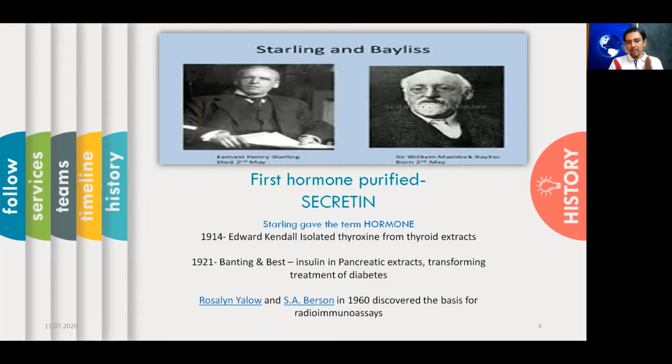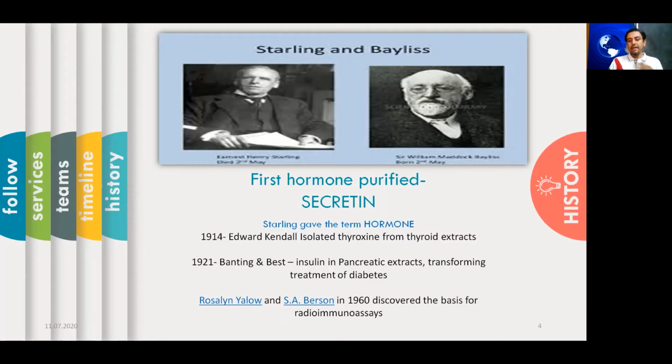So the first hormone to be purified is secretin, and Starling was the first who gave the term hormone in 1905. The first hormone, secretin, was purified in 1902, and after 3 years, Starling gave the term hormone.